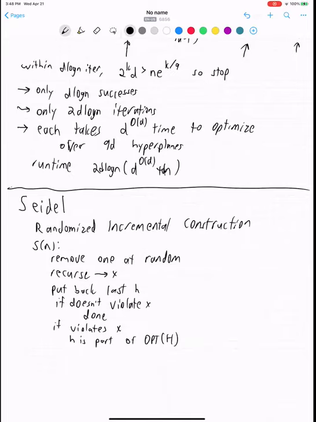If H is not part of the optimum, then the optimum doesn't violate H. The only way that the optimum of everything else could violate H is if H is part of the optimum. Does everybody buy that?